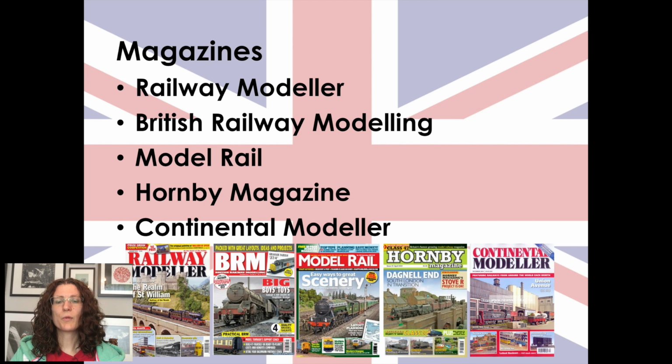British Railway Modelling, Model Rail, Hornby magazine are also UK outline, and they're all slightly different, but they all do great layouts, and they're really inspiring, very, very interesting. Continental Modeller doesn't just do continental models, it does the rest of the world from the UK, and it's the sister publication to Railway Modeller. So Railway Modeller does UK outline, as do the rest of them really, but Continental Modeller does overseas outline, and that's where you'll see any US or foreign outlines. And you can see the picture on the front, so US, Union Avenue.